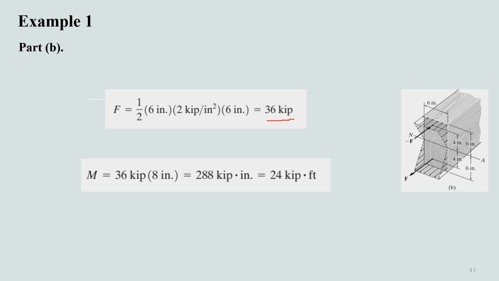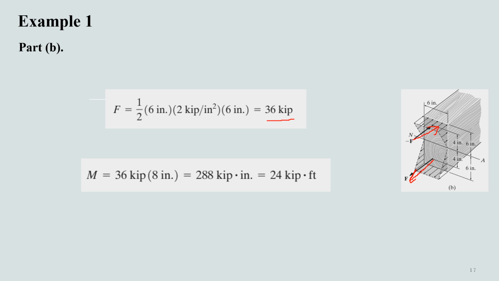In order to determine the moment, we have to consider that a couple is acting here. We have a compressive force acting at the centroid of this triangular distribution, and a tensile force acting at the centroid of this triangular distribution. Since for a 6-inch triangle the centroid is 2 inches from the top and 2 inches from the bottom, the distance between these two forces is 8 inches.